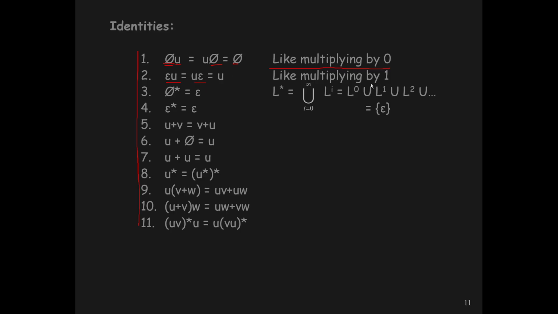It's like multiplying by 1 in that you concatenate from left or right, you get the same thing. Now, the empty language star gives you epsilon, and the reason is because it's raised to the power of 0 here, and by definition, that's always equal to the language containing epsilon, right?